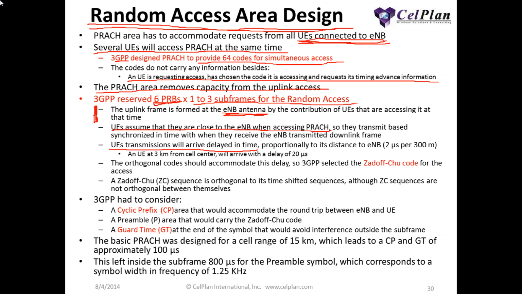What we need to consider is that there is a round trip time. Because light propagates 300 meters in 1 microsecond, but because the signal has to come from the ENB to the UE and then go from the UE to the ENB, every 300 meters we need to consider 2 microseconds.